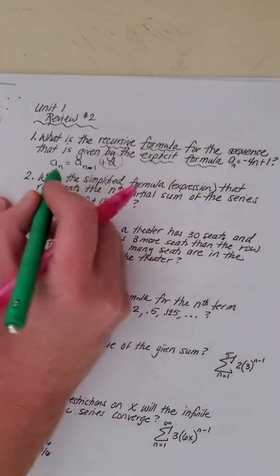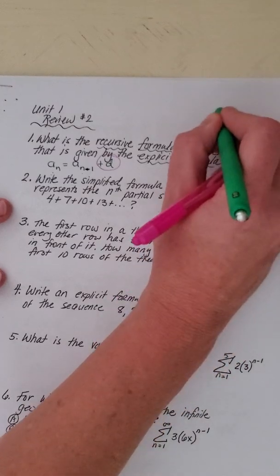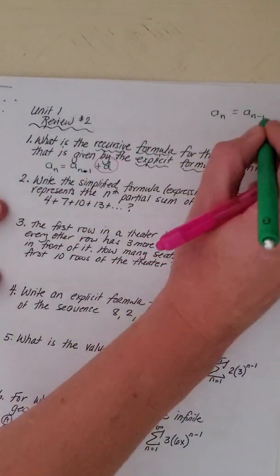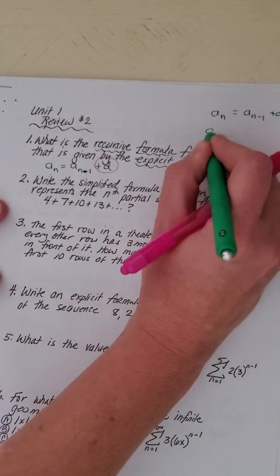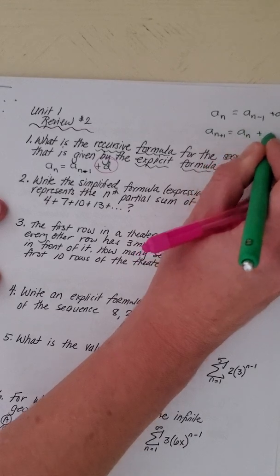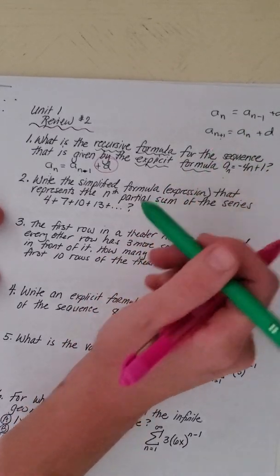Remember also, in case it's a multiple choice test, they can use a sub n equals a sub n minus 1 plus d, or they could use a sub n plus 1 equals a sub n plus d, as long as these two subscripts are one value apart.